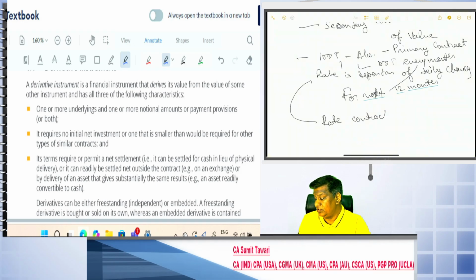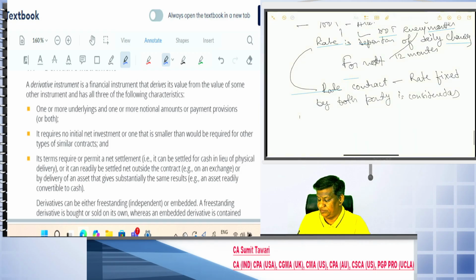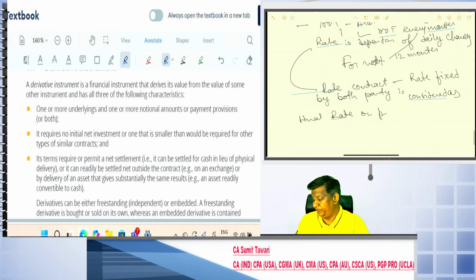Whatever the rate in the market is not applicable; whatever rate is fixed by both the parties is considered the final or prevailing rate.